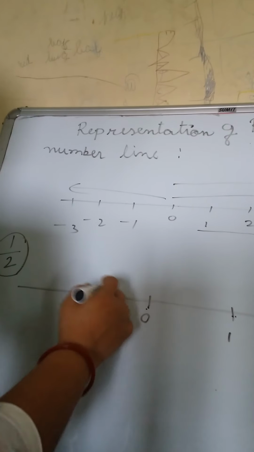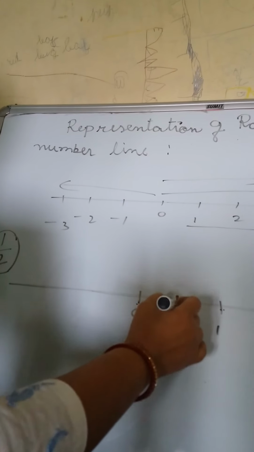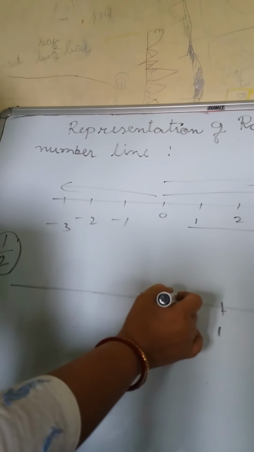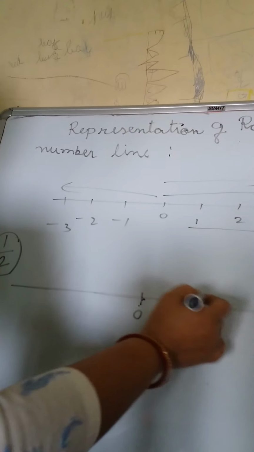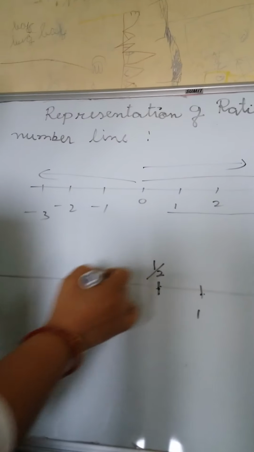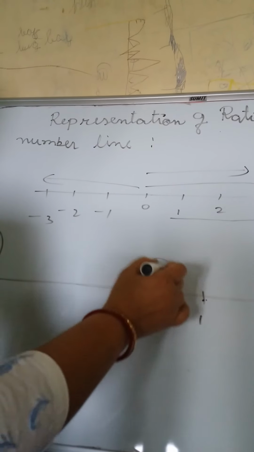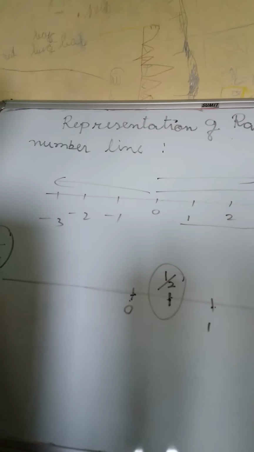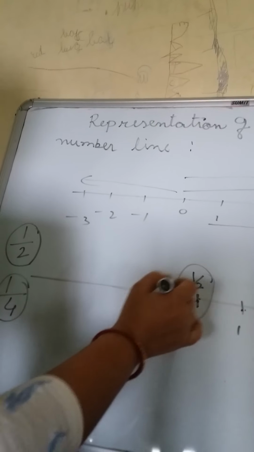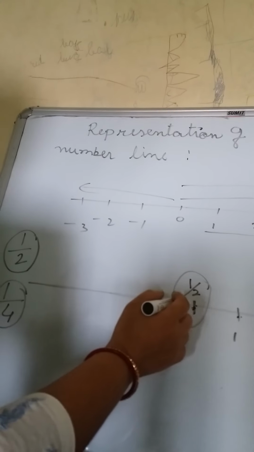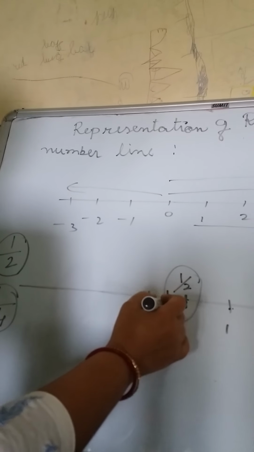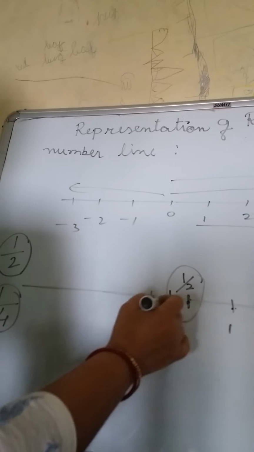If I make it half, I have divided it in two equal parts, and each part is 1 by 2. So 1 by 2 is located here. If I ask you where this 1 by 4 is, it is in between 0 and 1 by 2. If I divide it in two equal parts, it becomes 1 by 4.